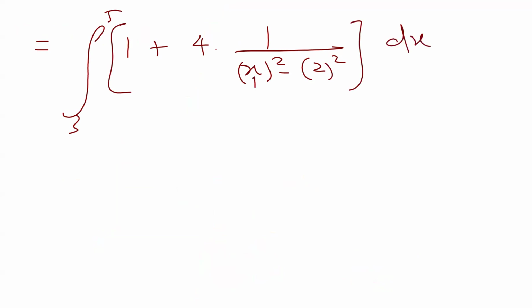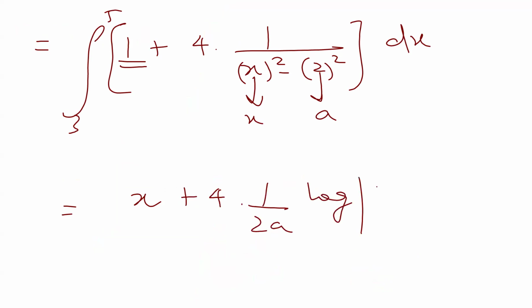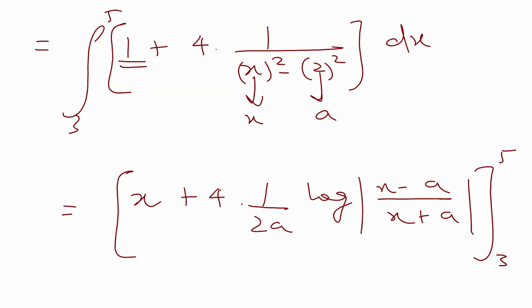So this is x and this is a. Individual integration. Integration of 1 is x, plus 4 into 1 upon 2a log mod x minus a upon x plus a. Upper limit and lower limit. 4 upon 2a is 2. Put the value of a as 2.